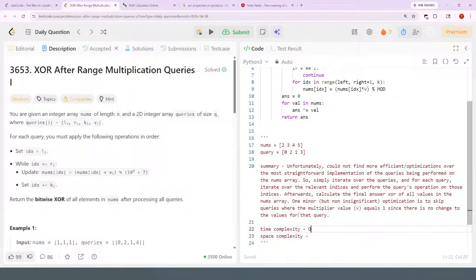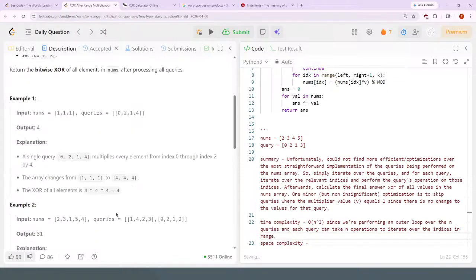Alright, time complexity is O of n squared, since we're performing an outer loop over the n queries, where n goes up to 10 to the third, and each query can take n operations to iterate over the indices in its range.